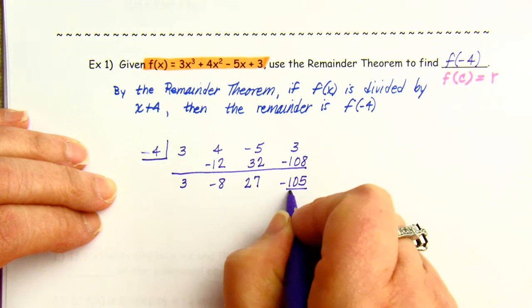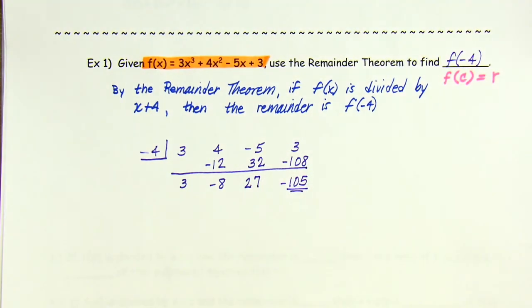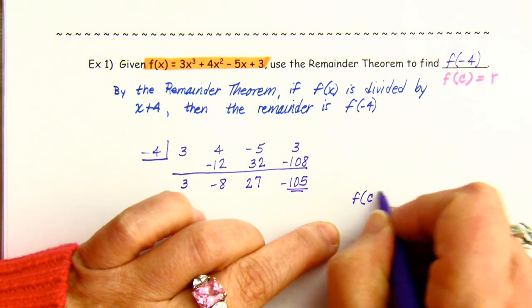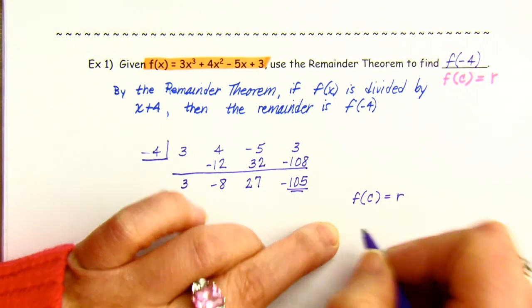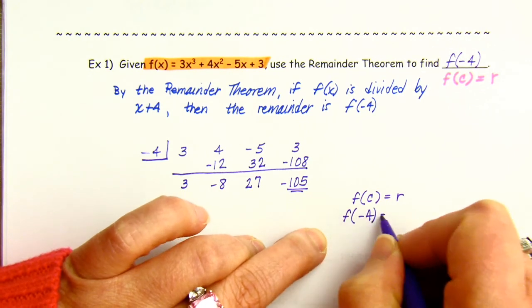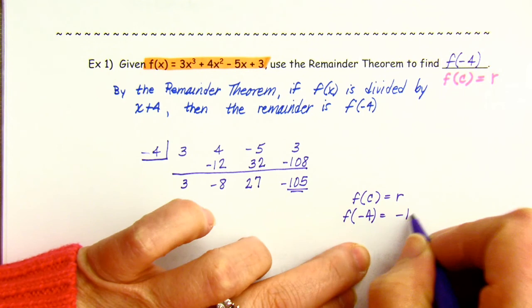Folks, this is my remainder. And since I'm using the remainder theorem, f of c equals r, thus f of negative 4 equals negative 105.